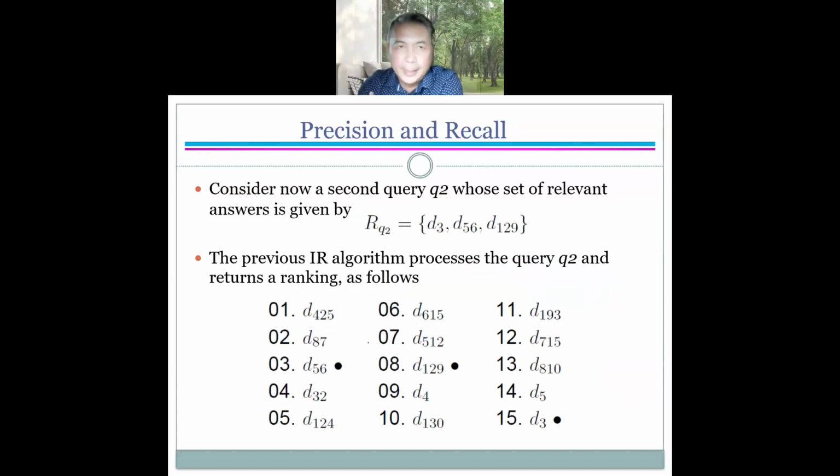Okay, let's take a look at this second one. What is the recall here? 1 over 3.